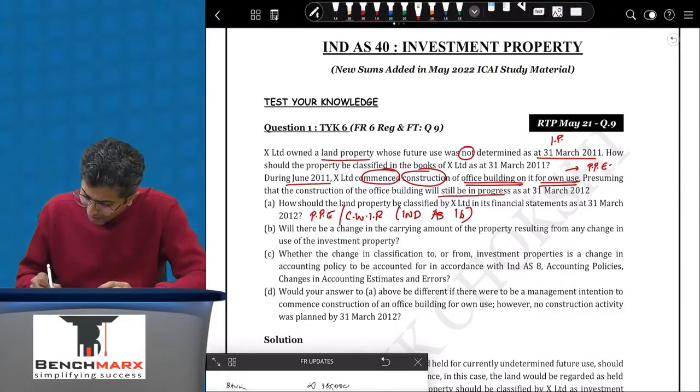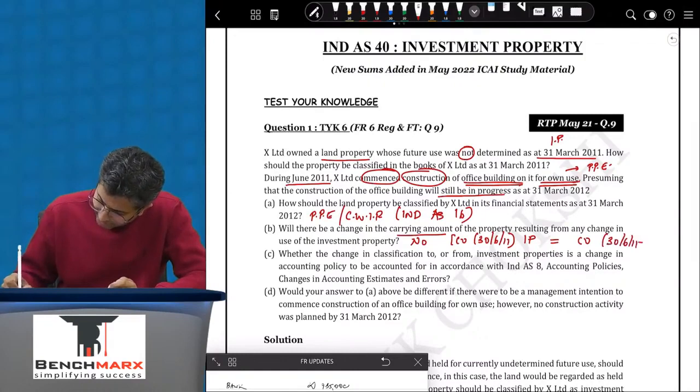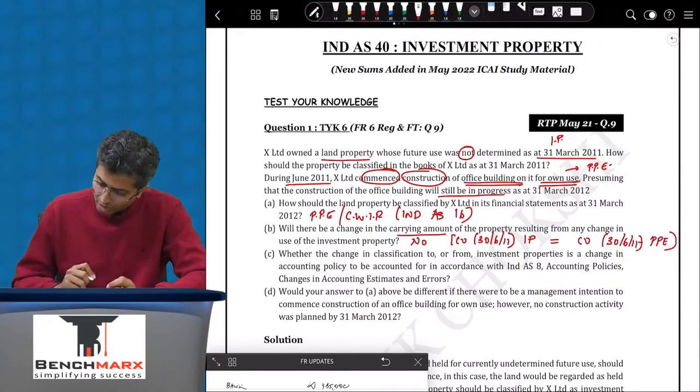Will there be a change in the carrying amount of the property resulting from a change in the use of the investment property? No. Whatever is the carrying value on 30th June 2011 of the investment property will be the carrying value on 30th June 2011. That is the date when the use changes to PPE.